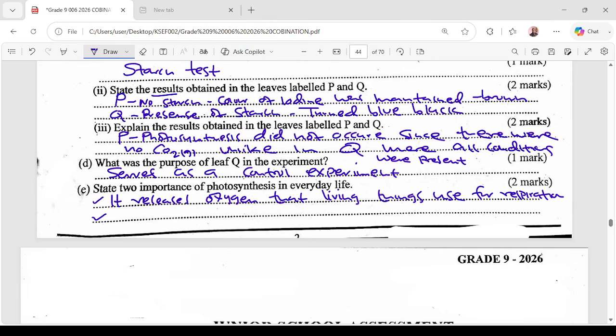That's one. Two, it is the primary source of energy. It produces glucose that feeds plants and animals.